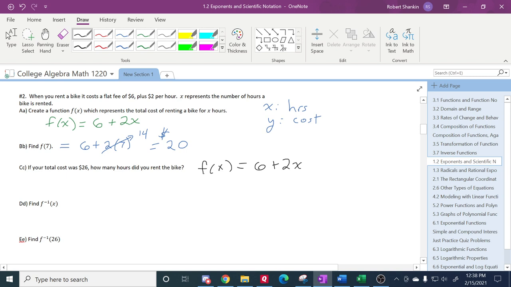It goes in for the f of x. So if your total cost was 26, how many hours did you rent the bike? You don't have to solve this through an equation, but you can. Divide by 2, x is 10. So it was $20 for the per hour fee. It must have been 10 hours.